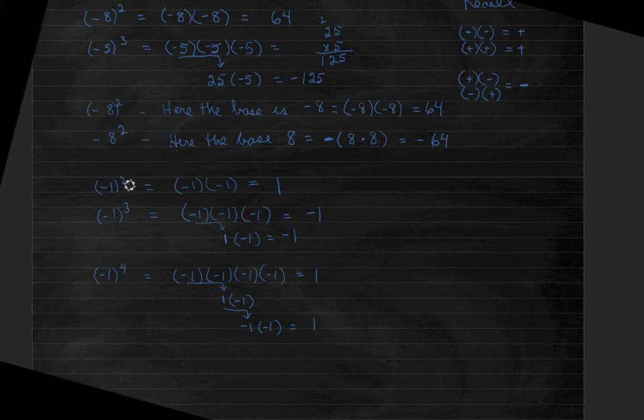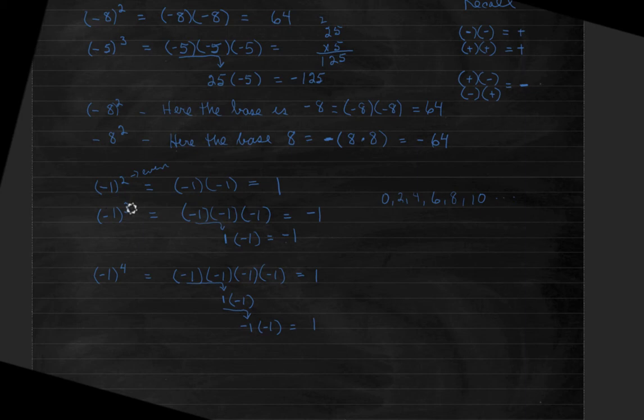If the exponent is an even number, now you remember what even numbers are? 0, 2, 4, 6, 8, 10, etc. If it is an even number, then it's going to end up with a positive number because we're going to have only pairs of negative signs.